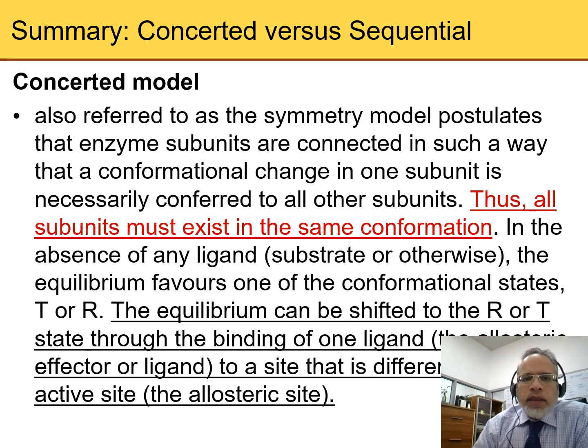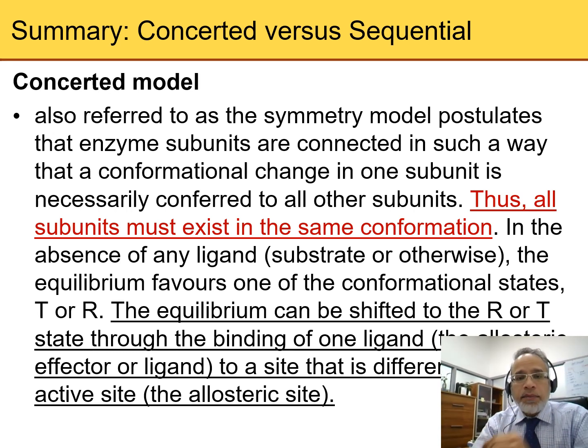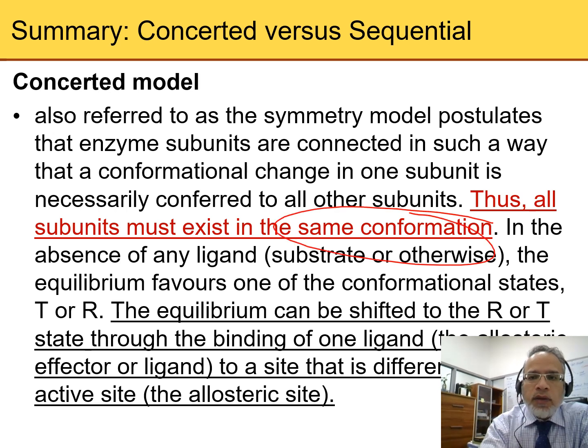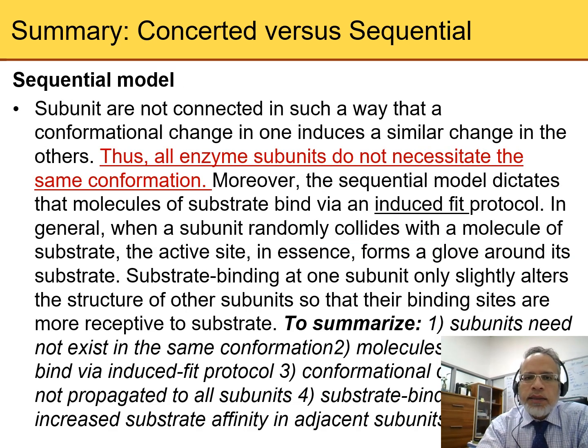Now, again, just to summarize, this is taken from the book as well. The concerted model, concerted means things happening at the same time. So all subunits exist in the same conformation, whether T or R. And in the sequential model, the subunits do not all have the same conformation.